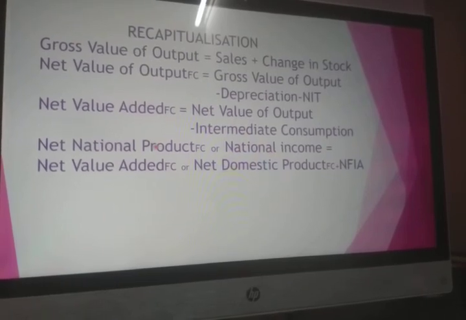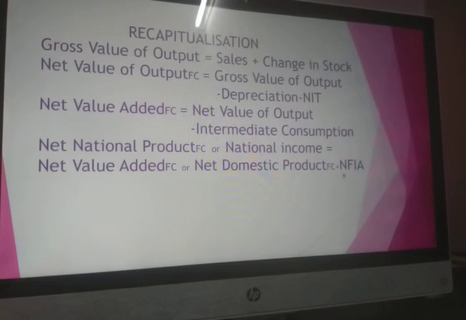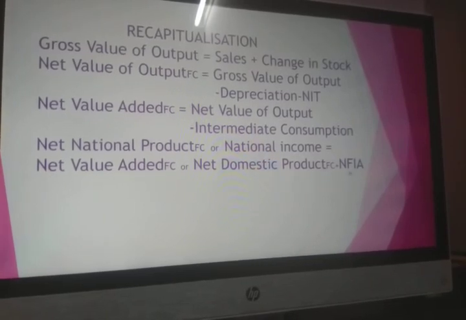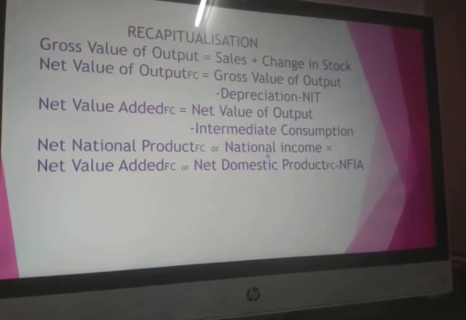After reaching domestic income, only one thing is left, and that is NFIA. If we add NFIA, that is net factor income from abroad, to domestic income, we arrive at national income. That means domestic income plus NFIA gives national income.